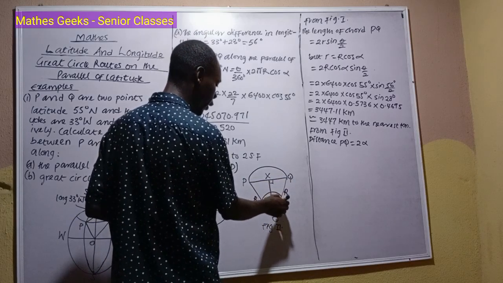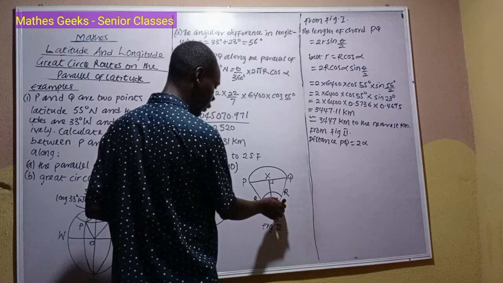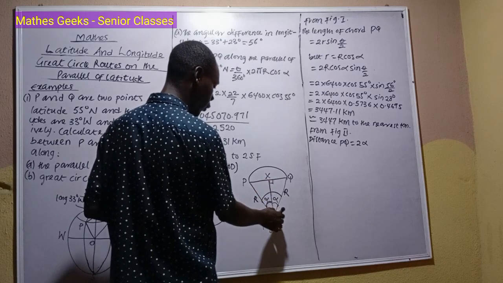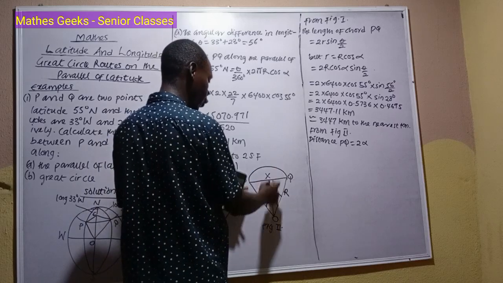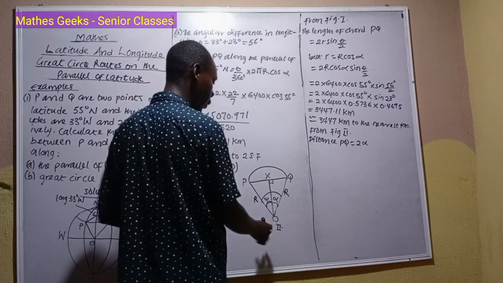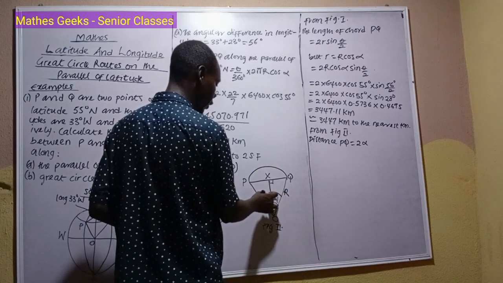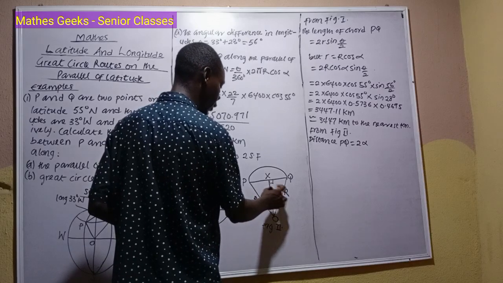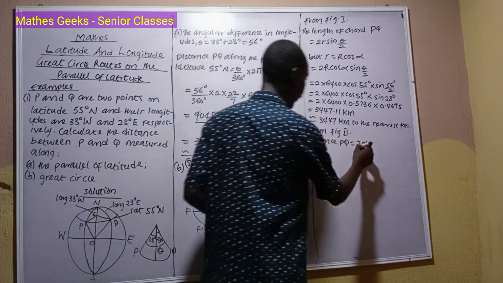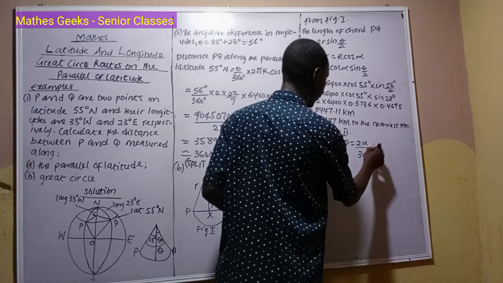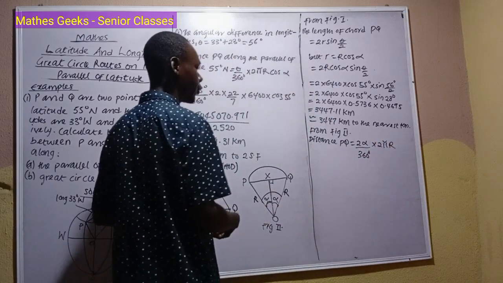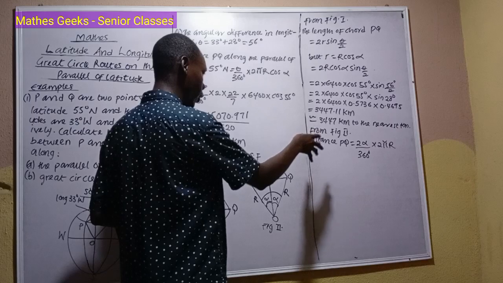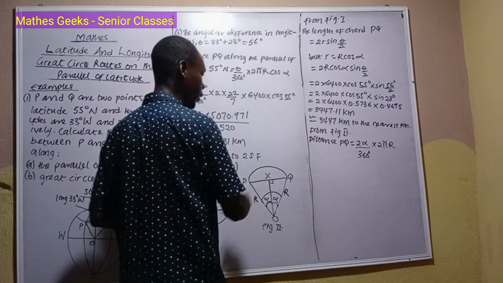Alpha is the angle from this line to this perpendicular height, the line that divides this chord into 2 equal parts. So this angle plus this angle gives the total angle. So 2 alpha over 360 degrees times 2 pi r is the formula to get the great circle distance.